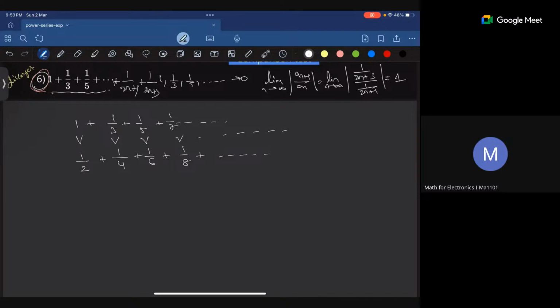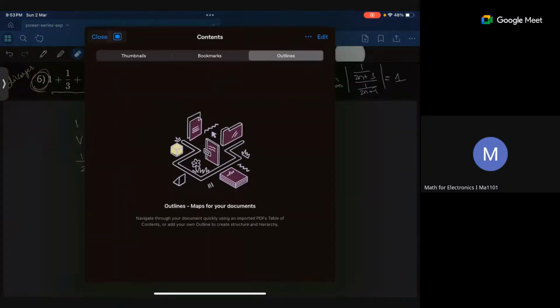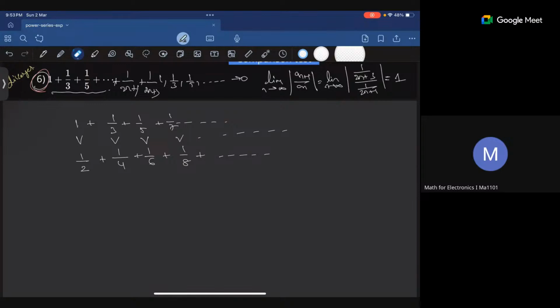So every term in our sequence a_n is greater than the obtained sequence c_n, right? If I prove c_n diverges, then I can say a_n diverges using the comparison test.